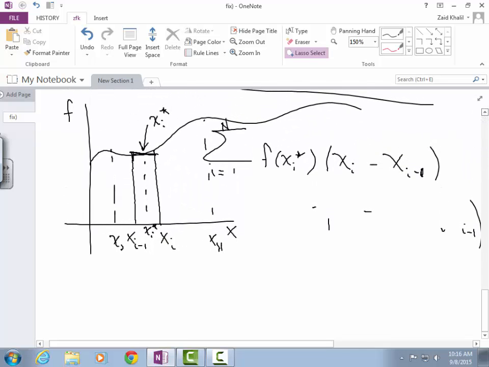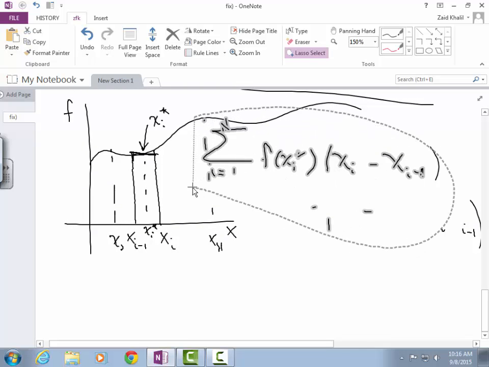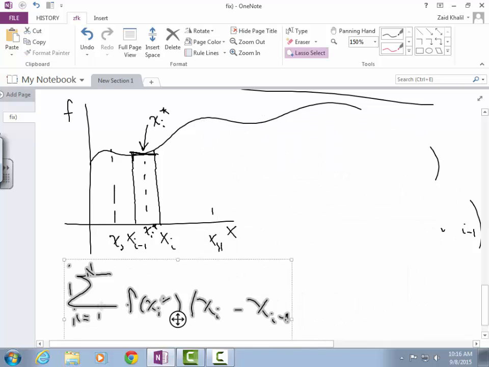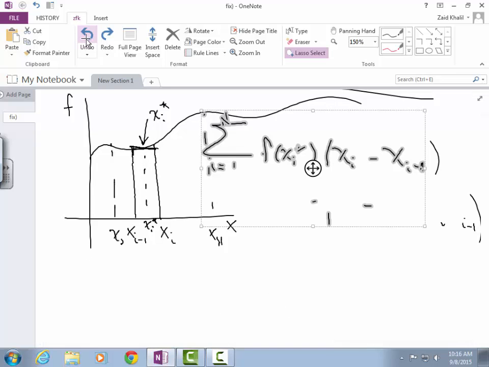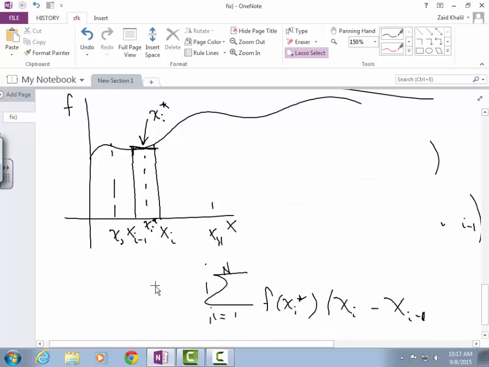And now I'm going to lasso this and move it down here. And then, oh wait. So then I'm going to put the limit here. It's going to be the limit as n goes to infinity, and that's equal to the area.